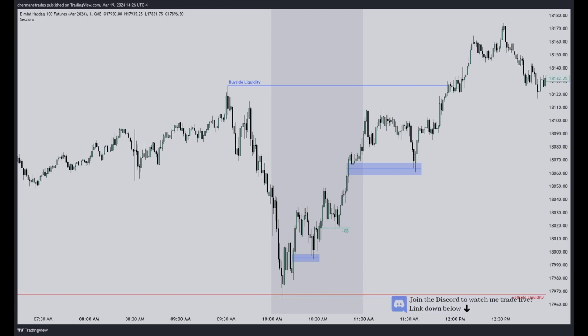I would like to ask why the first fair value gap uses the following instead of the one above. I'm not sure what you mean, Eason. Are you talking about these?